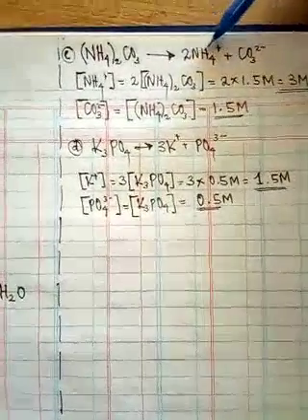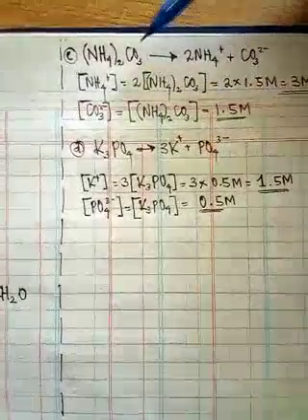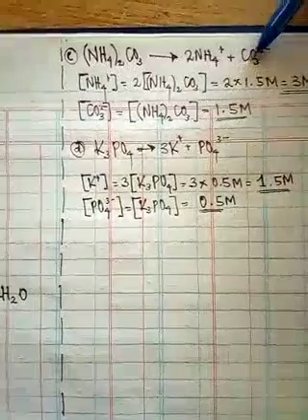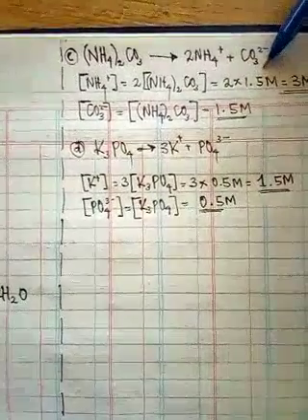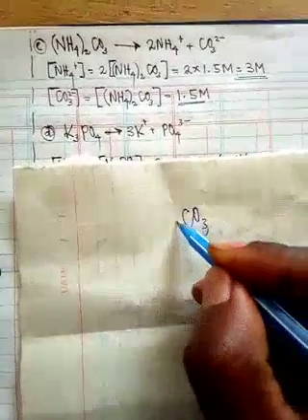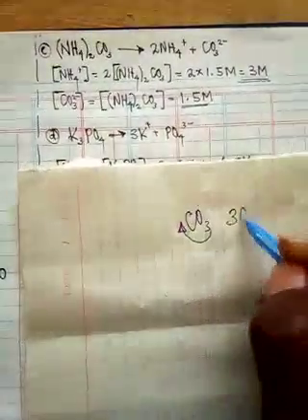So 2NH4. There is only one carbonate. A carbonate is made up of 1 carbon and 3 oxygen atoms combined together. So again, it would be very wrong for you to say it the same way, CO3, and try to bring the 3 this side and say 3CO.